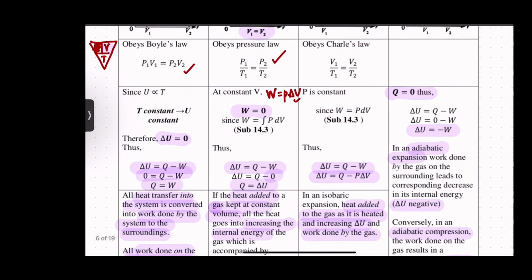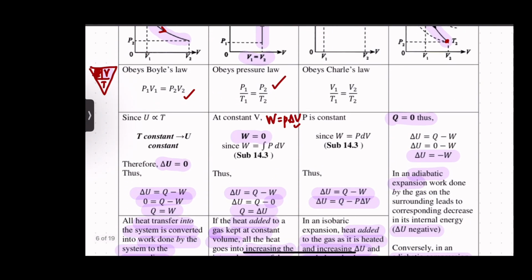So kita boleh kira lah based on equation of adiabatic ni, selalunya kita akan buat calculation based on dia punya delta U. F over 2 nRT. Maksudnya kita akan buat equation F over 2 nR change in temperature. Selalunya.